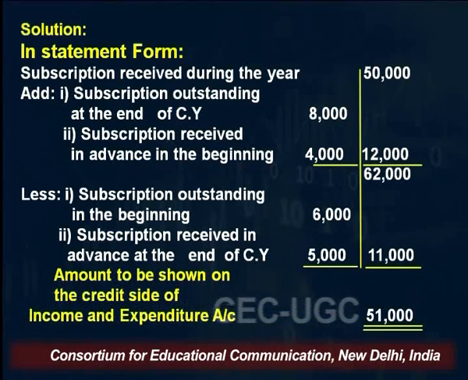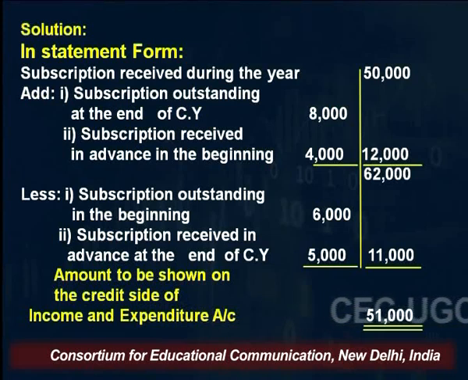Subscription received in advance at the end of the current year is any income which is related to the next year but received this year. So what we have to see is whether this income is related to the current year. No, this income is not related to the current year, and because of that fact, this subscription received in advance at the end of the current year is deducted. So out of total 62,000, 11,000 is the income which is not related to the current year.